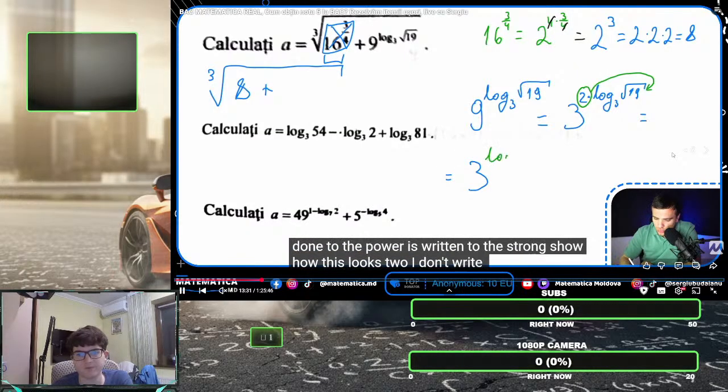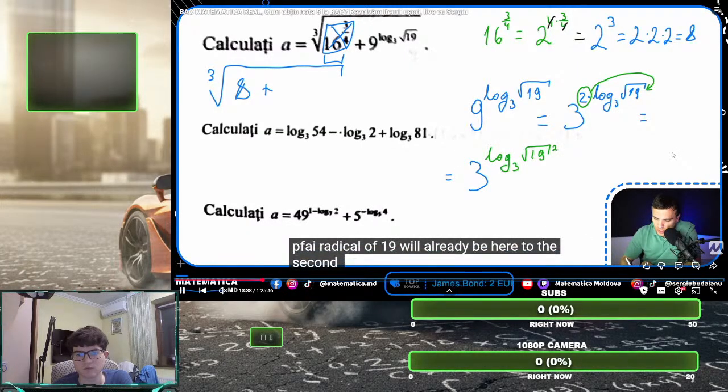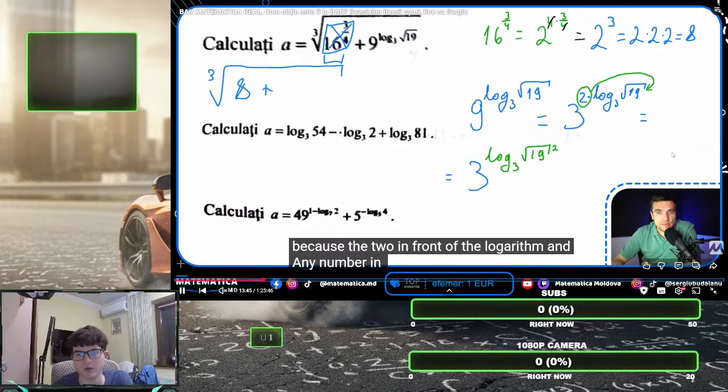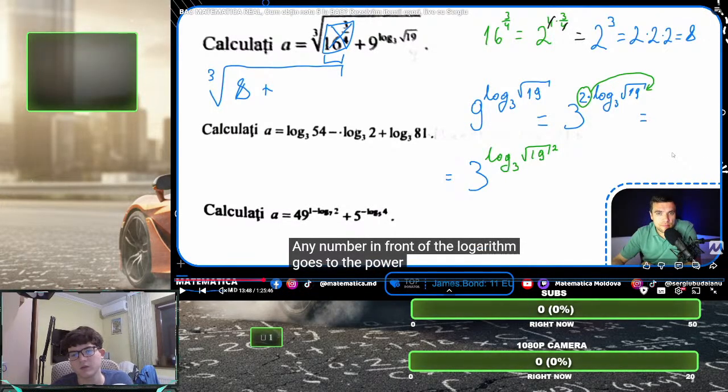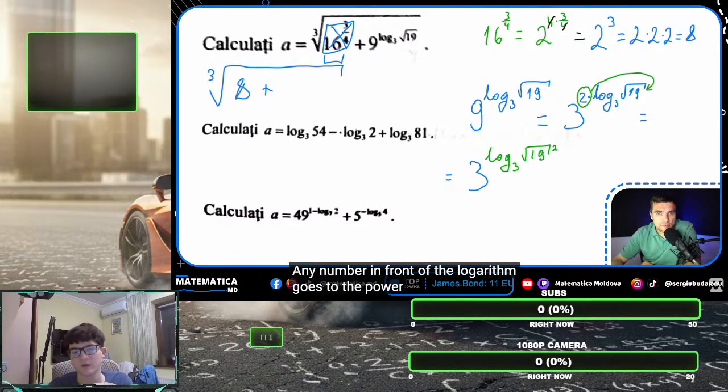And now, essentially, you can drag it and put it over there to the right, just like a property right there. And so after you did that, it's gonna be 3 to the power of log base 3 of 19.